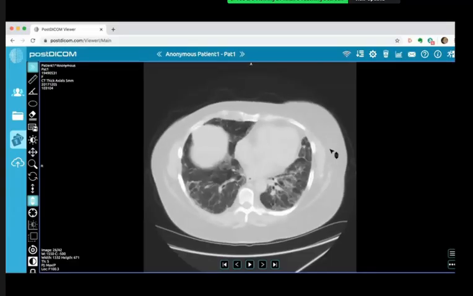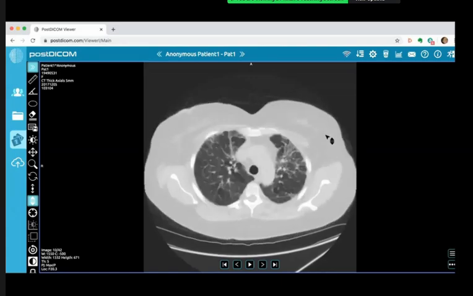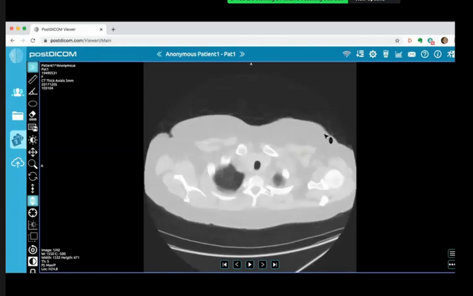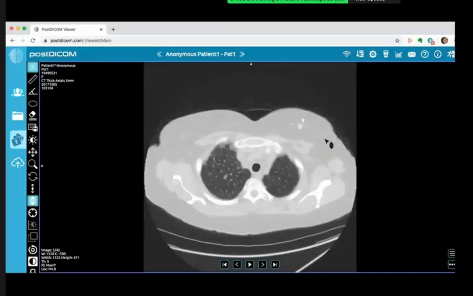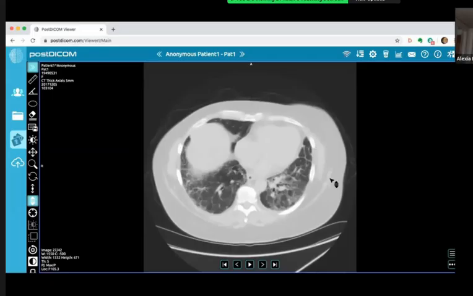Going more superiorly in the apices, I don't see any. I was trying to look for any mosaic attenuation, but I think there's some more in the bases. That's correct. Well done.